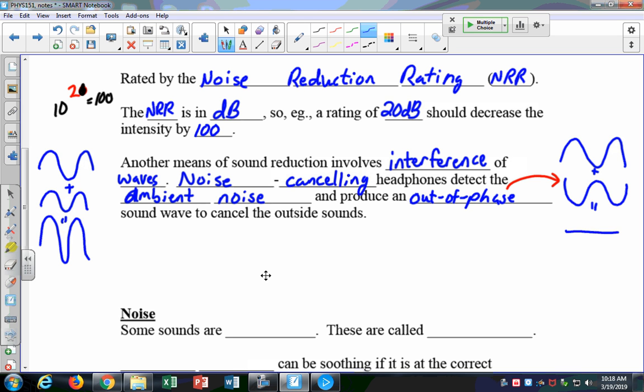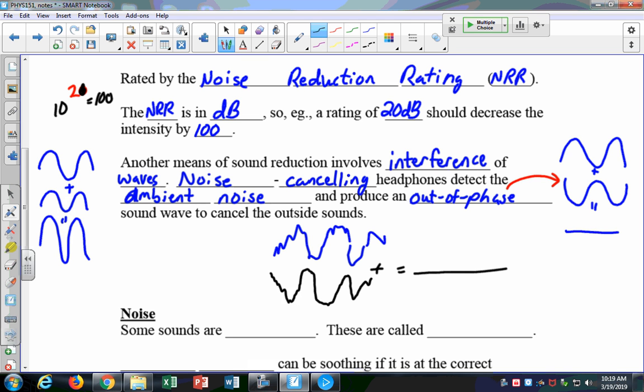So for example, the dog barking, the roommate talking, all that might have a form that looks funky, maybe sort of like this. And then your noise-canceling headphones will come along and make something that looks like that. This is the extra sound that the headphones actually produce and put into your ear. In your ear, these two waves will combine, they'll add up, and they'll leave nothing at all. And so that's what it means to have noise-canceling headphones.